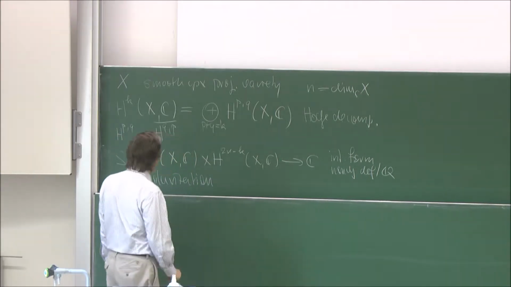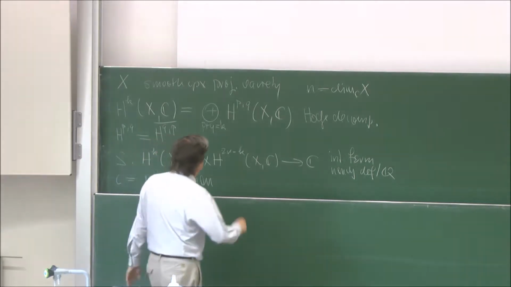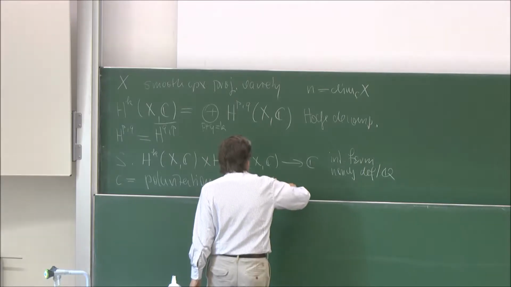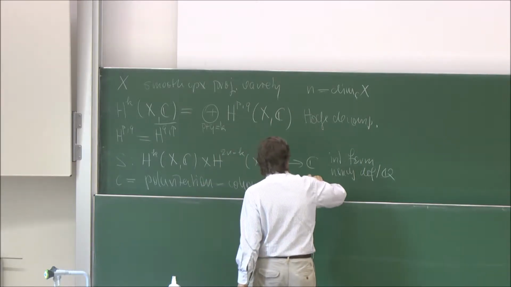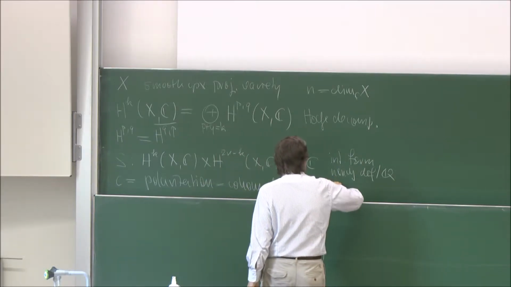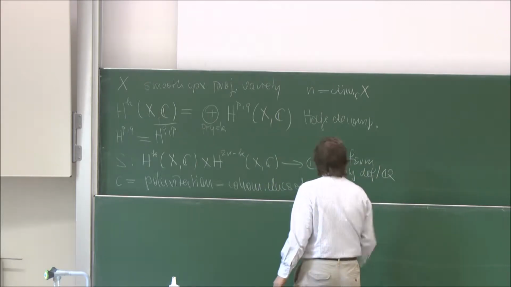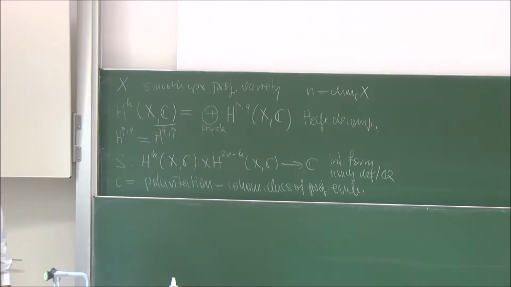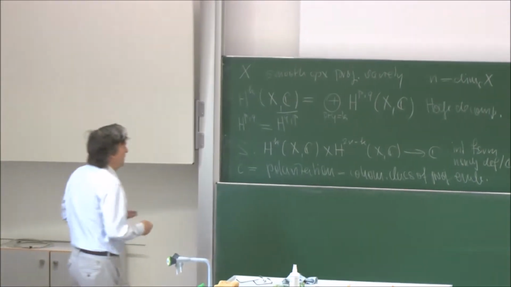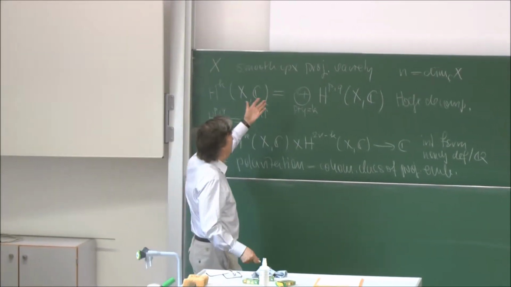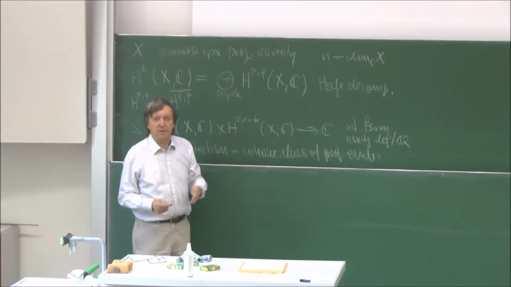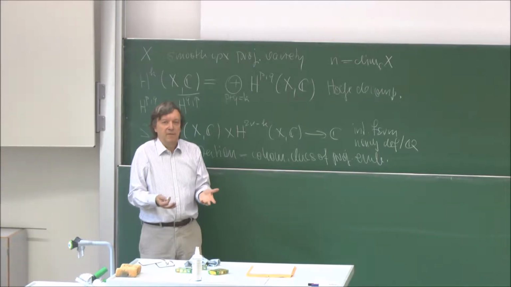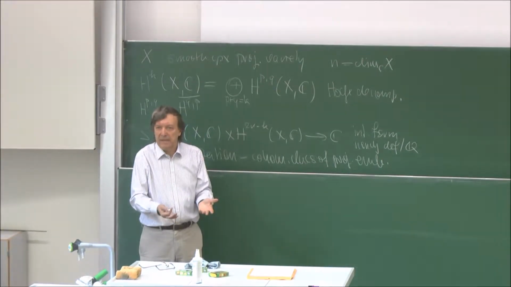And what does that mean? Well, X is a smooth projective variety, and when one says those words, what one means is that it can be embedded in some projective space. But so now let's pick a particular embedding.